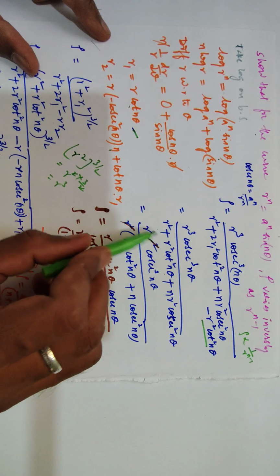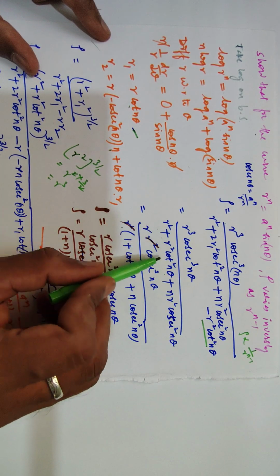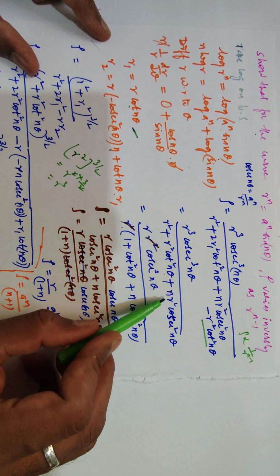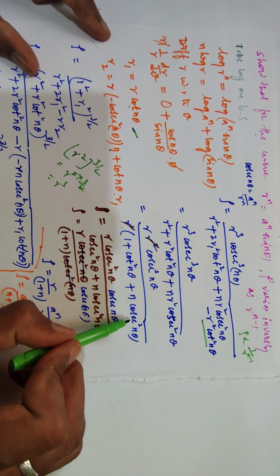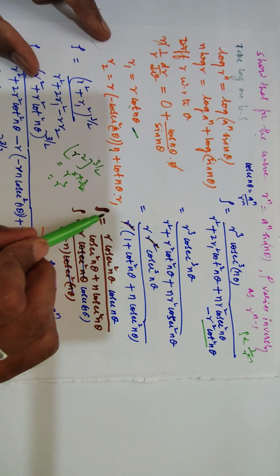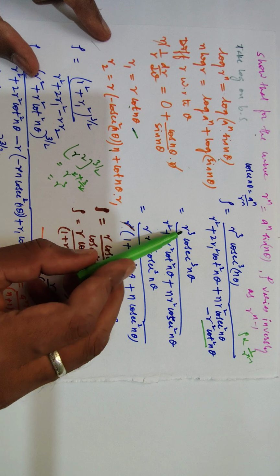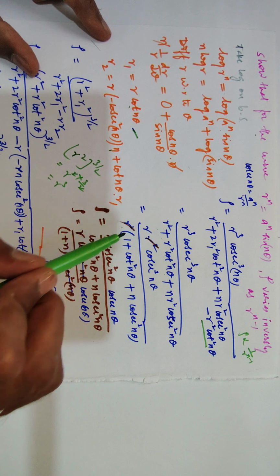Next, in the denominator, we can take r square common. You will get 1 plus cot square n theta, plus here if I take r square outside, you will get n cosecant square n theta. Now rho is equal to, here I have written r cube as r into r square, get cancelled.